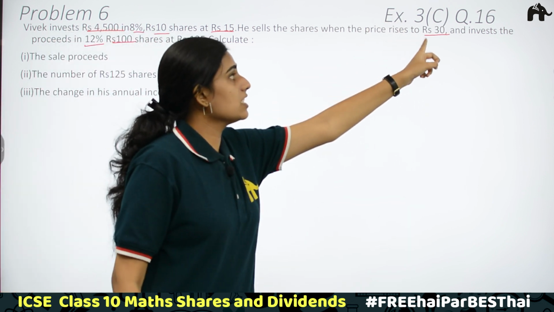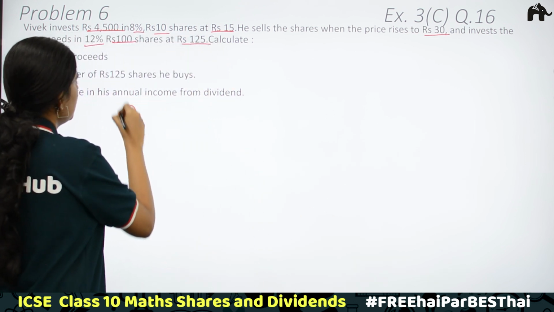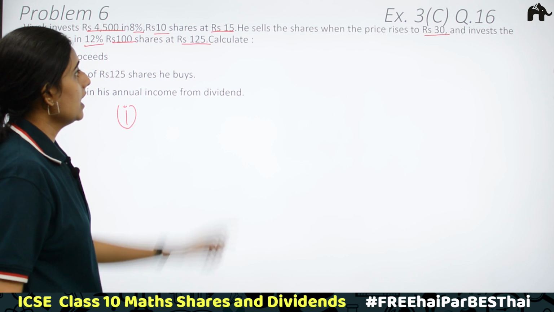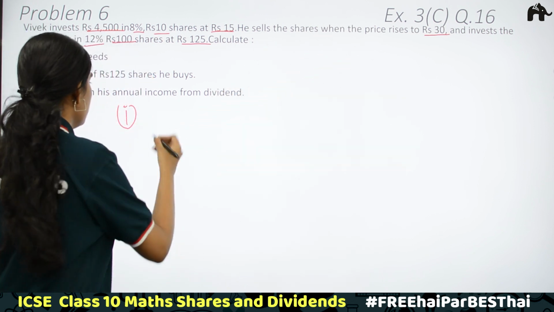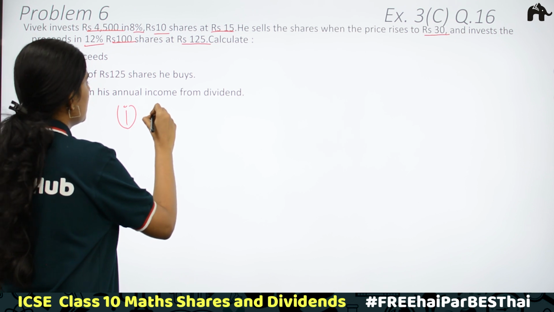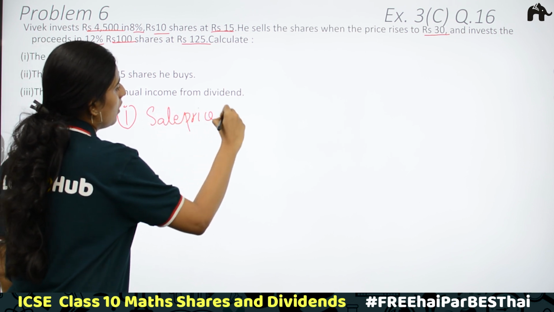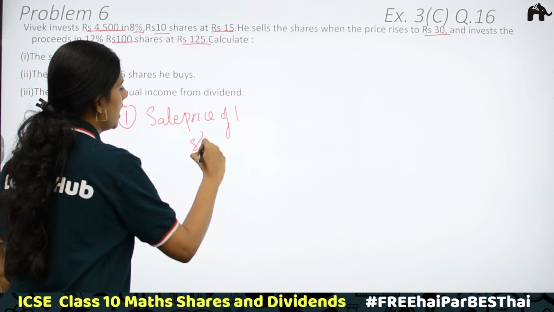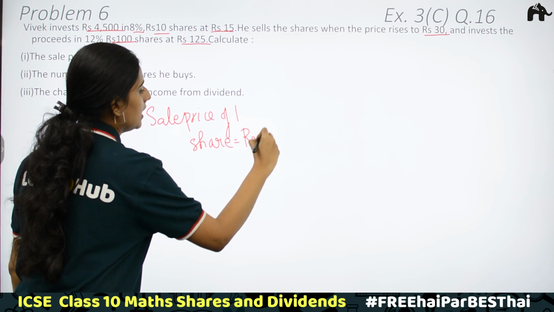It is given, that is rupees 30. First part, he sells the shares when the price rises to rupees 30, which means sale price of one share is equal to rupees 30.